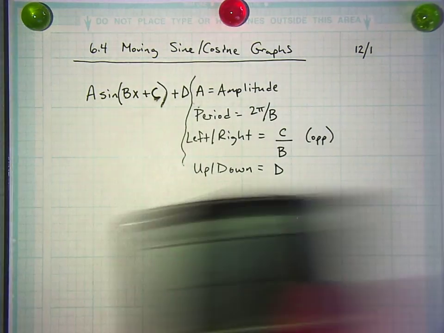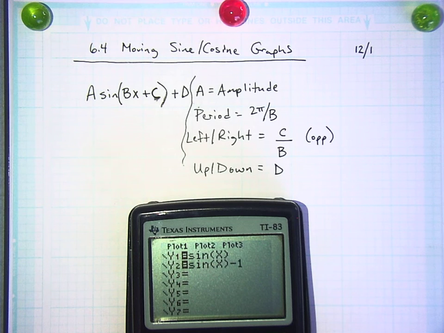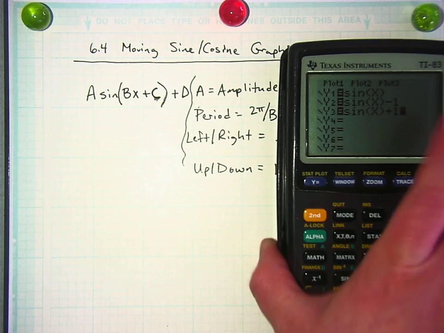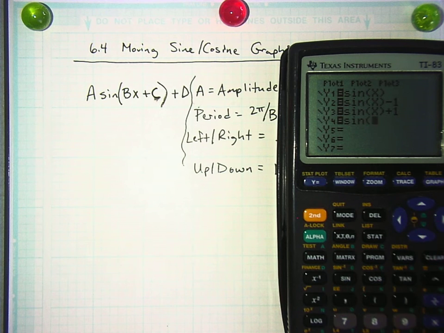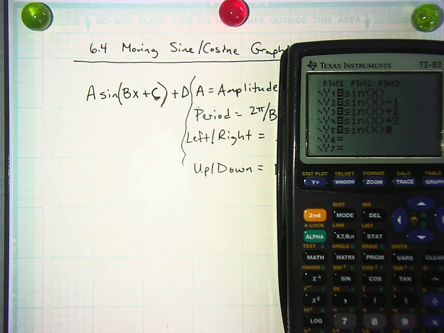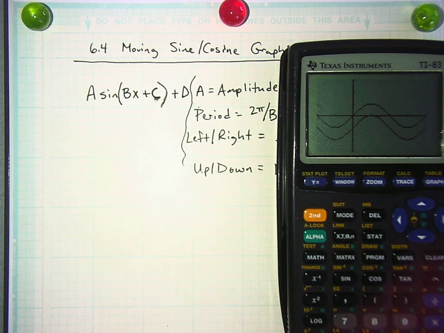You can actually make your whole screen look like waves. If you were to write sine of x plus 1, sine of x plus 2, sine of x minus 2, nice and fancy.